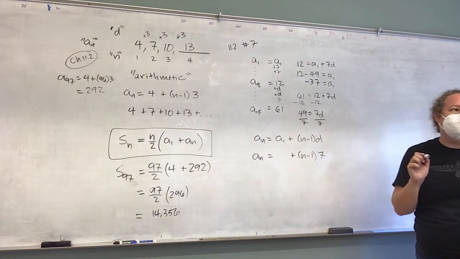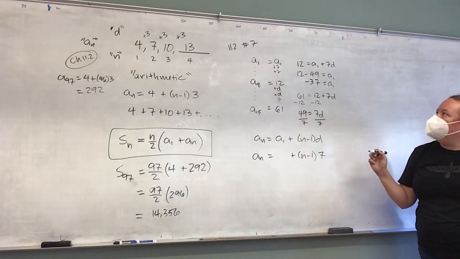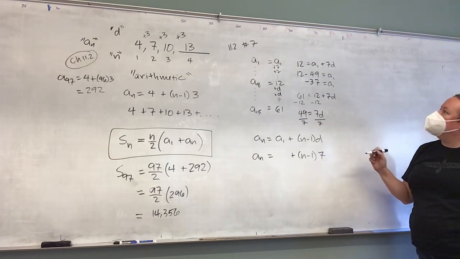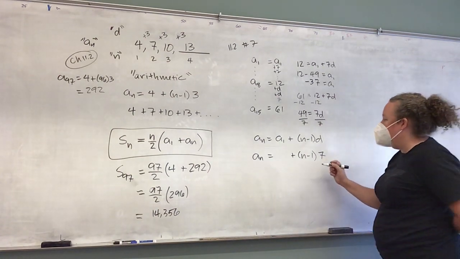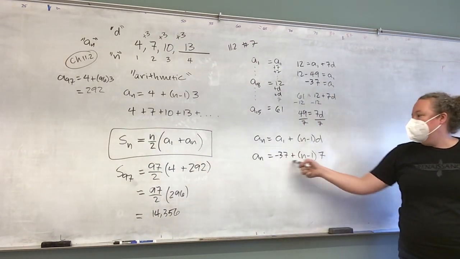Check me on that though. Because 10 minus 49 would be negative 39, so 12 minus 49 would be negative 37. And so now we can plug that in here, and so this is our rule.